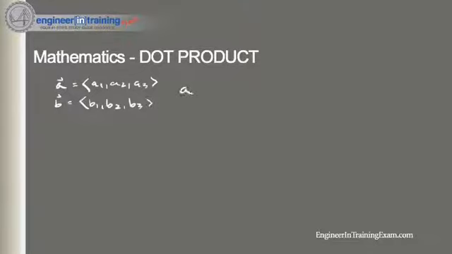Now the dot product, which is notated as A dot B, is equal to A1 times B1 plus A2 times B2 plus A3 times B3. So this is the dot product of two vectors.